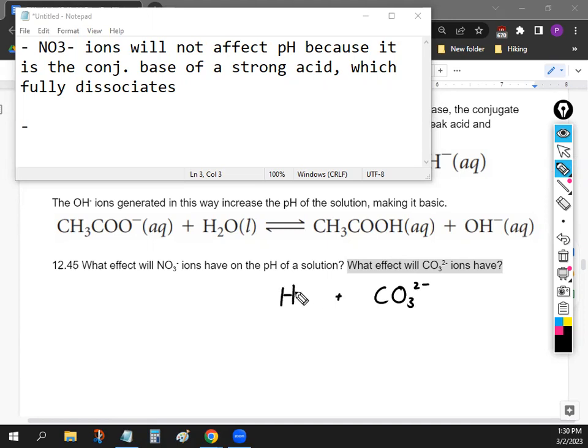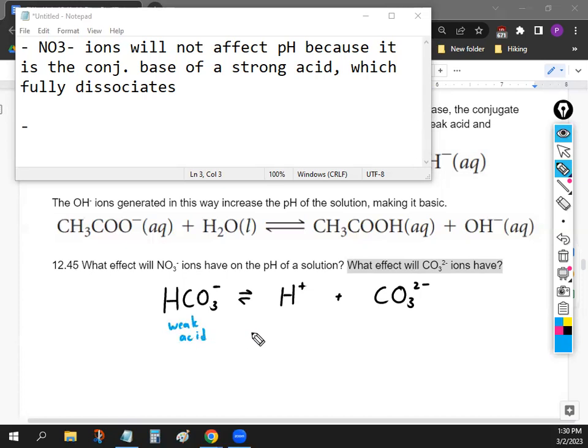So Brennan, what do you think? CO3 2- is the conjugate base of an acid. Okay. Now, if you take a look at its conjugate, it's going to be HCO3-, right? Is this a strong or weak acid? Yeah, this one's weak.